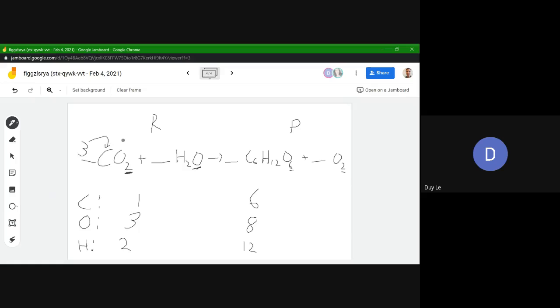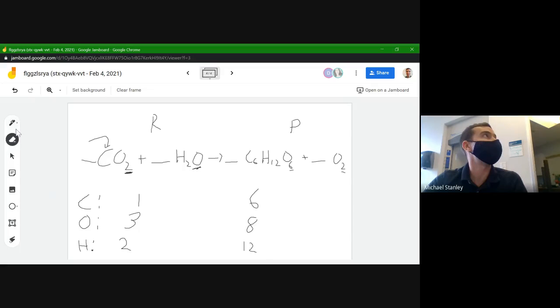Just 3. I think 6. There we go. We count the C and the O separately when we're putting in our coefficients. So if we put 6 right here, now we have 6 C's on our reactant side.